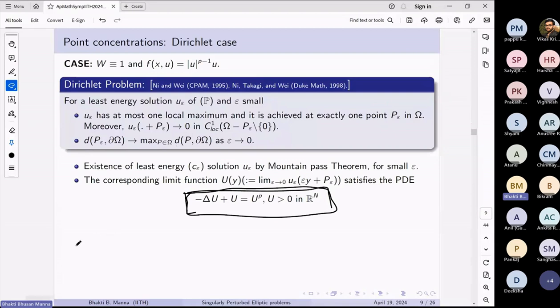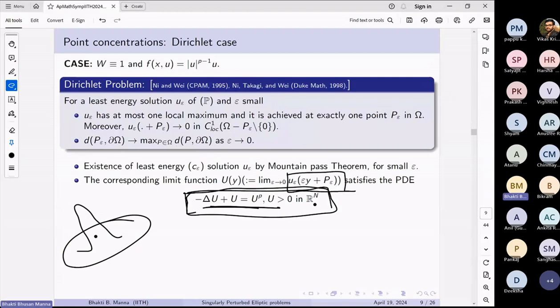So when I talk about something concentrating like this, this solution is coming from here in R^n, and then we do some scaling. If we use this scaling, the solution of this problem decays exponentially, a radial solution, and because of that, the support when you give this kind of scaling is, if epsilon is very small, confined inside this particular epsilon ball.